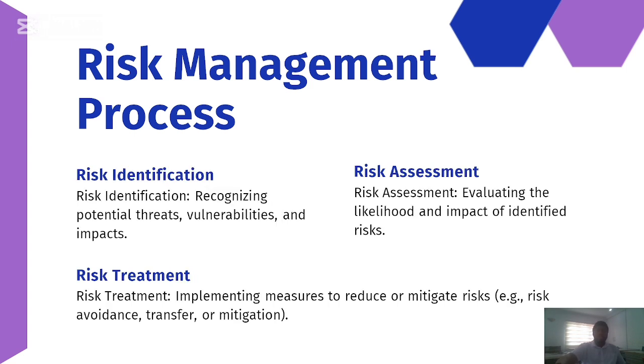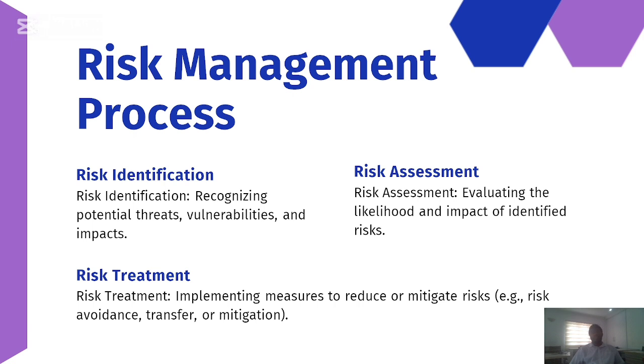So we have risk identification, risk assessment, and risk treatment when we're discussing risk management. Now, risk identification is about knowing and identifying that there is a potential risk and vulnerability around. Then risk assessment is evaluating to make sure that the risk is actually true, and what the likelihood of the impact on our business or organization is.